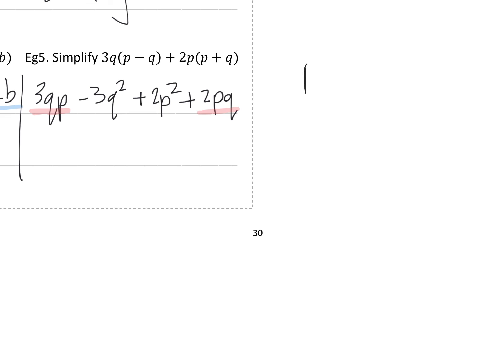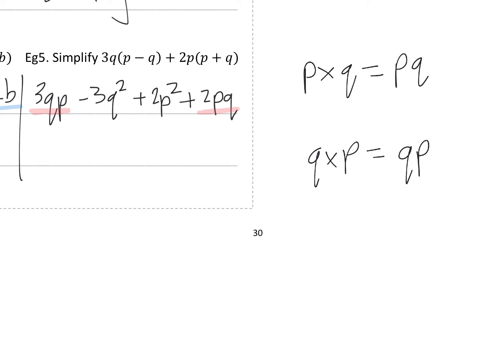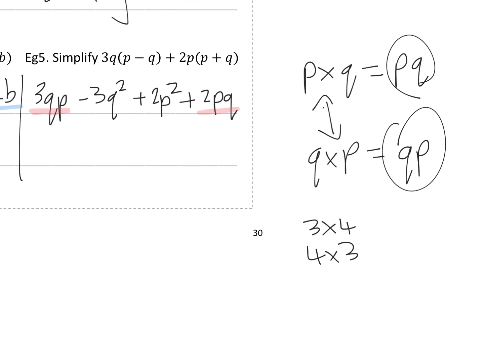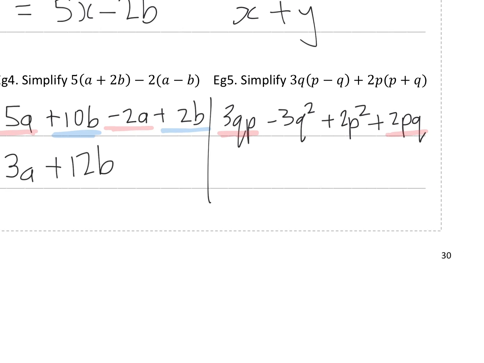Well, P times Q is PQ. Q times P is QP. Are they the same? Well, yes, because we can reorder a multiplication. Doesn't matter which way around. If you did 3 times 4, that's the same as 4 times 3. So PQ and QP are the same.